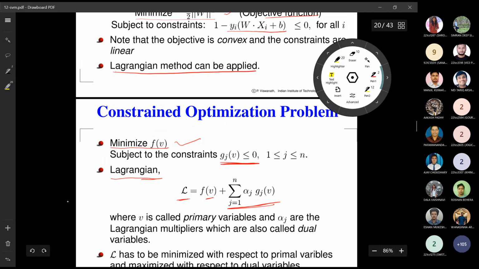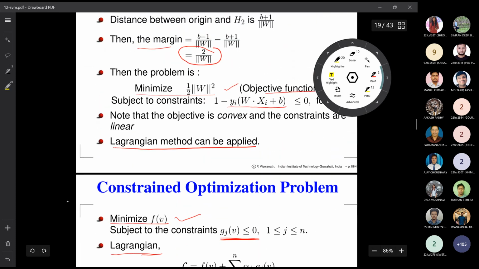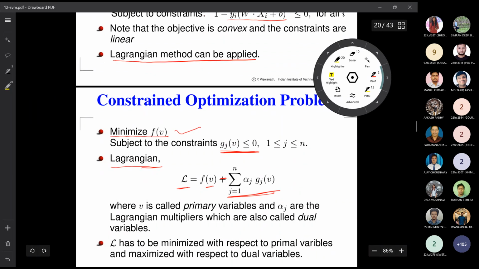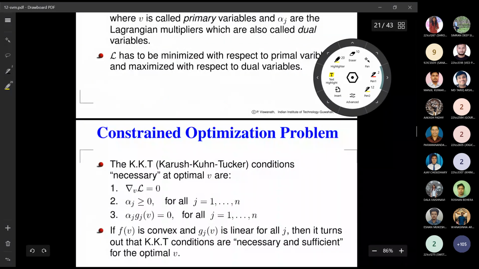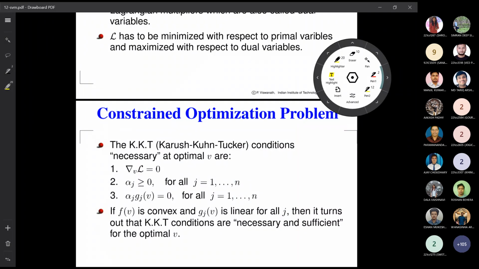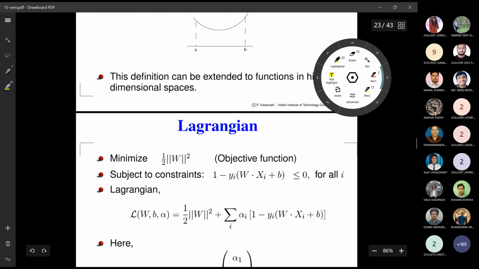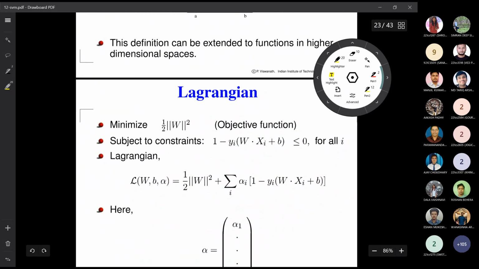But because the original was less than or equal to and ours is greater than or equal to, there should be a negative here. We have to minimize this subject to the constraint yi(w xi + b) greater than or equal to 0. So the Lagrangian will be this part.